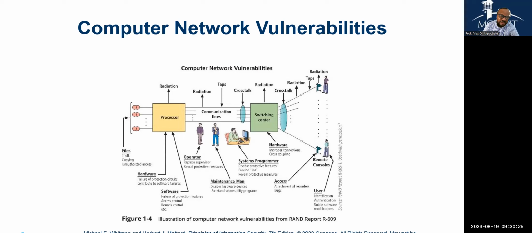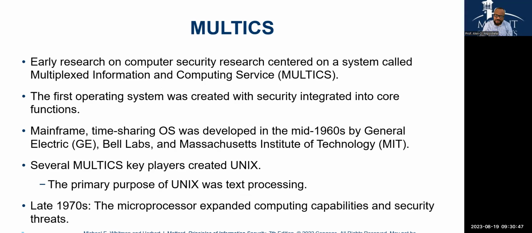And then you see I'm concerned about the communication line, switching centers, maybe the hardware, coupling, system programmer, different things that have actual implications today, all the way down to the user level, right? Or remote console. This is what was seen in the RAND report, the RS-609 report. You can look at it. It's available on the internet, right?